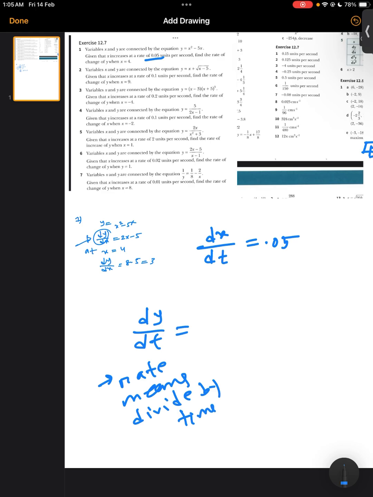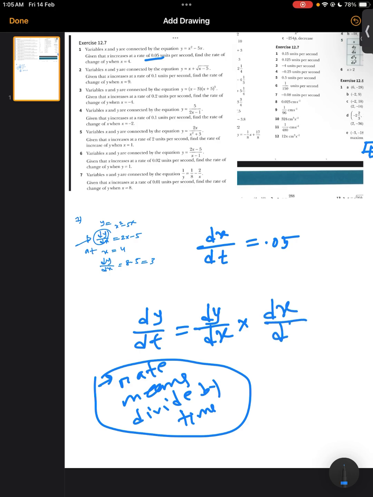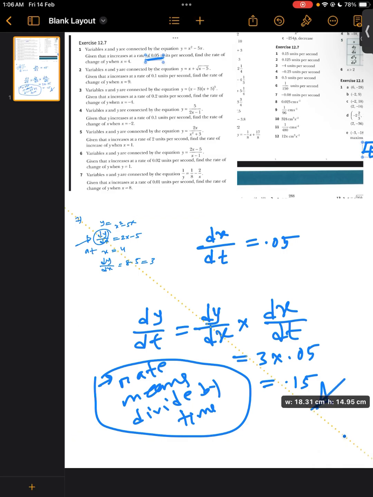So dy/dt is equal to dy/dx times dx/dt. So we'll have the value 3 times 0.05, 0.15, I guess. Yeah, per unit second, or unit per second, exactly the same thing. So we got our first result.